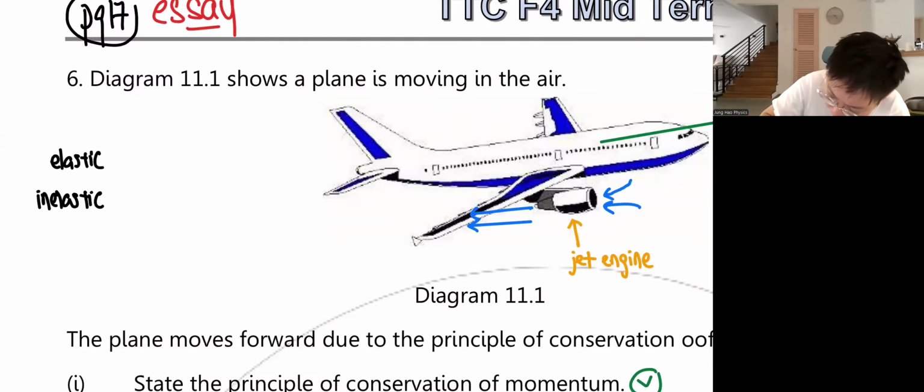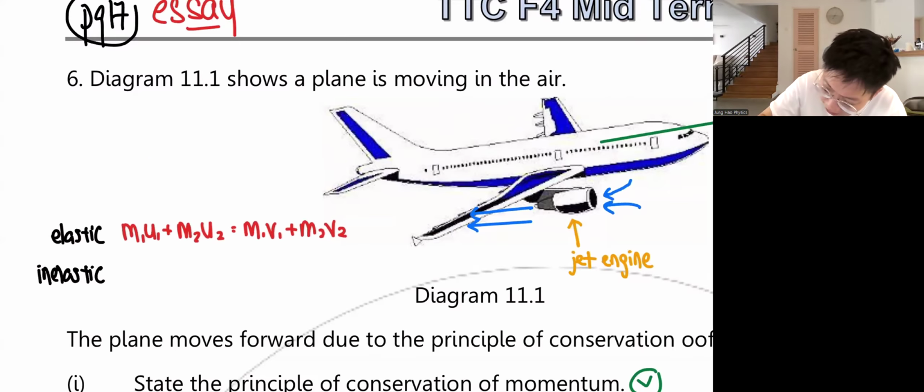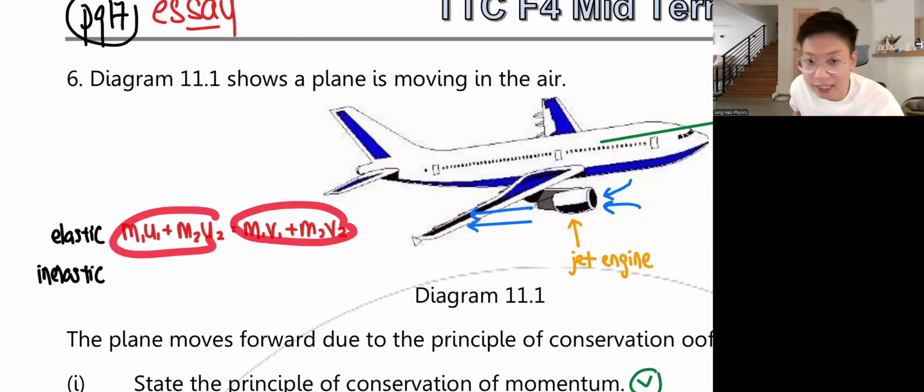Then they will say the formula is m1u1 plus m2u2 equals m1v1 plus m2v2. Am I right? Can you tell me what this and this is actually all about?